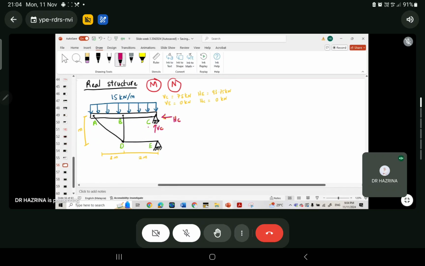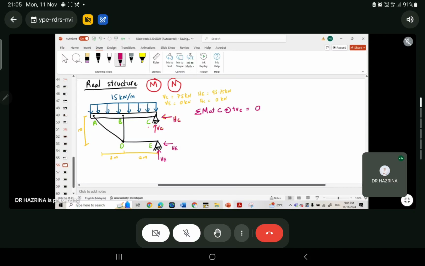And here we have VE and then we will have HE. So to calculate, we do summation of moment at C, clockwise positive, equals to 0. So this is C, we take moment at C equals zero.